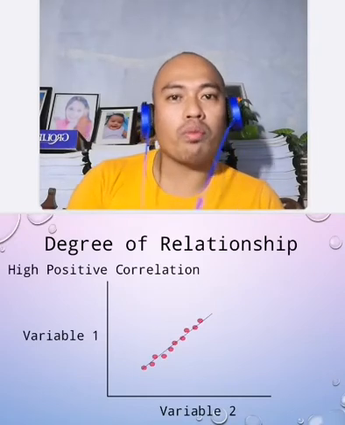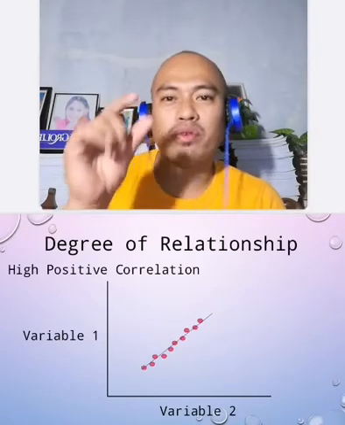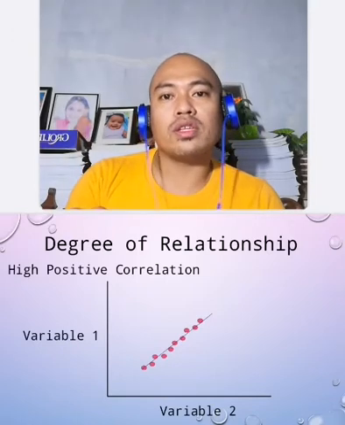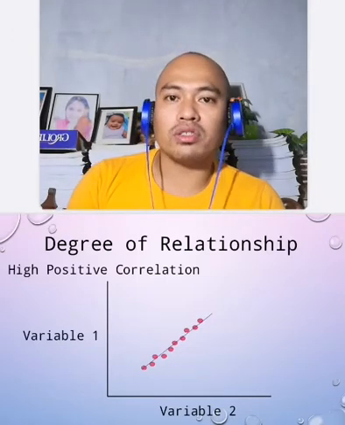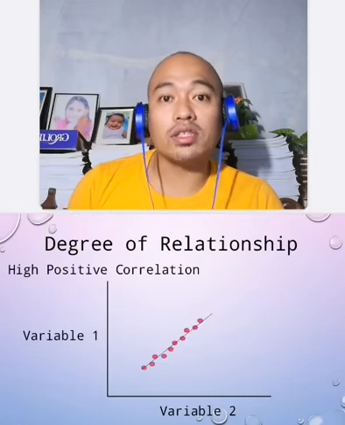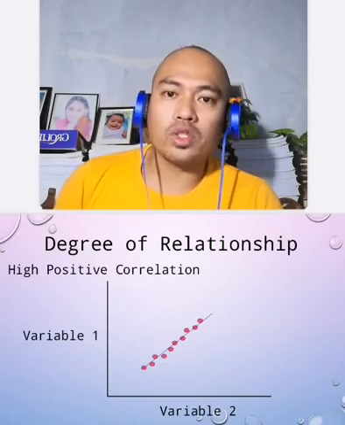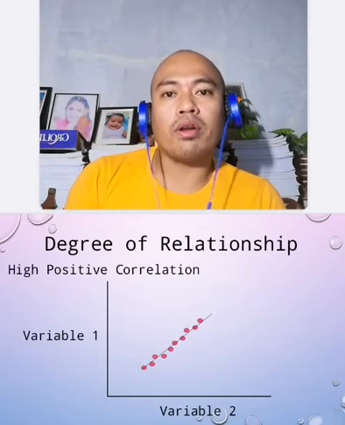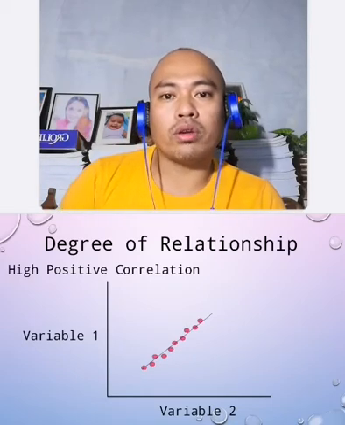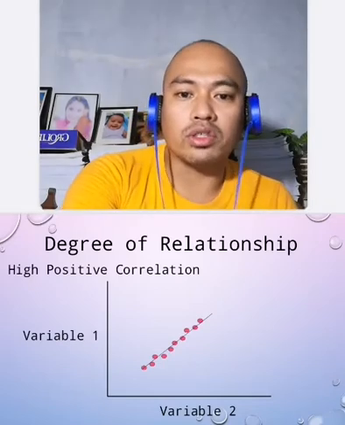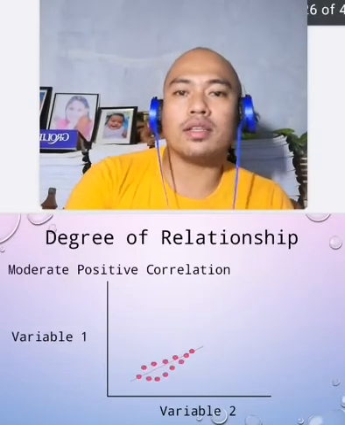Maybe one or two points, but very few points that are not lying on it. Still there is a positive relationship in that case, since the line is still rising. So we can say that variable 1 when correlated to variable 2 has a high positive relationship. That is the second one.